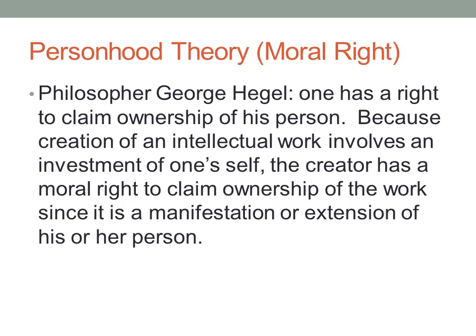The personhood theory, or the moral right theory, that is intellectual property as a personality. So think personality or moral right, okay? The personhood extends from the person. And philosopher George Hegel, who created this theory, said one develops as a person by interacting with and exercising control over his external environment with other people.